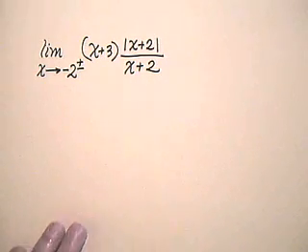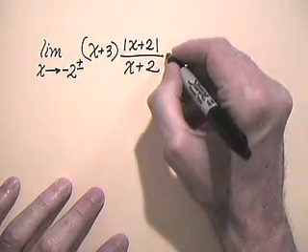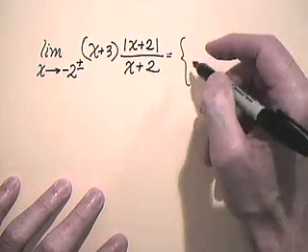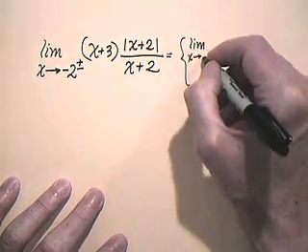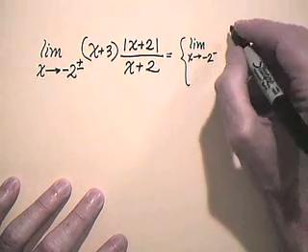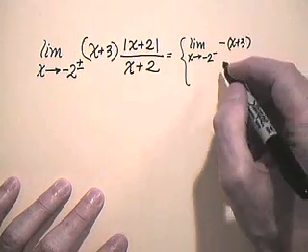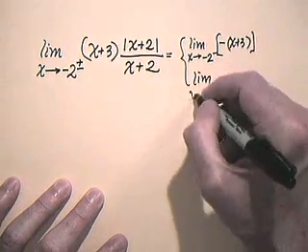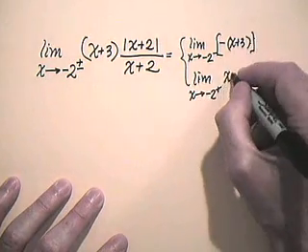So what we're having here is the fact that this limit is equal to either the limit as x approaches negative 2 from the left of negative x plus 3, or it's the limit as x approaches negative 2 from the right of positive x plus 3.